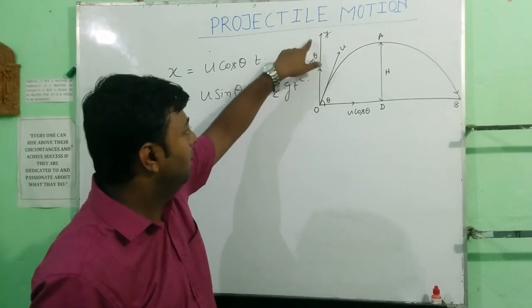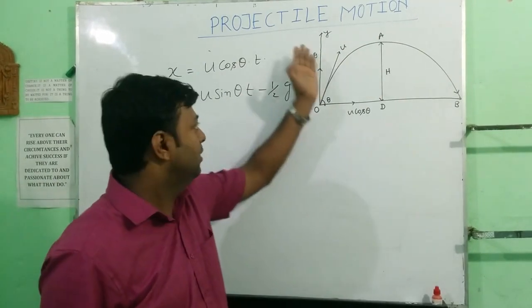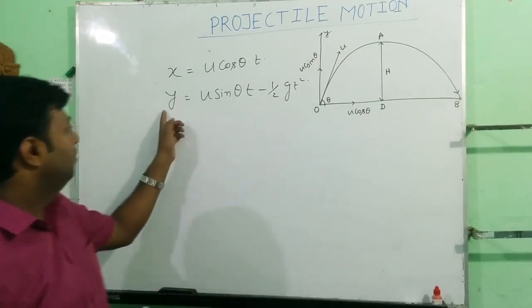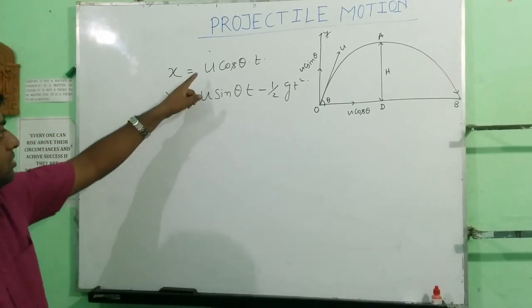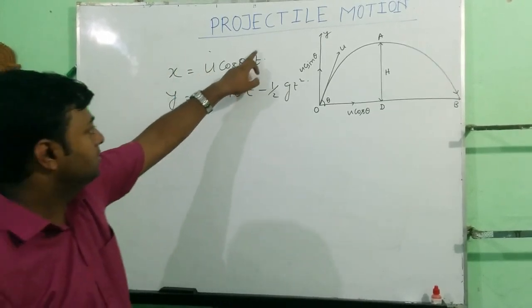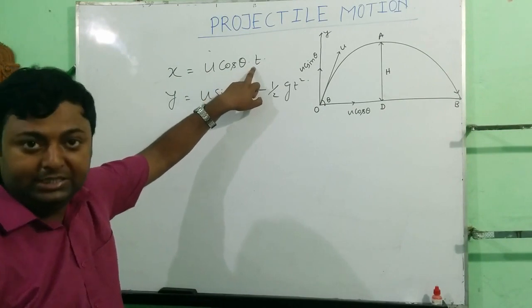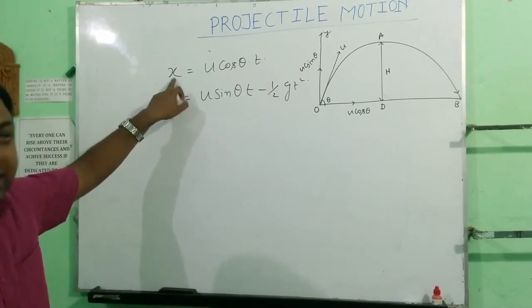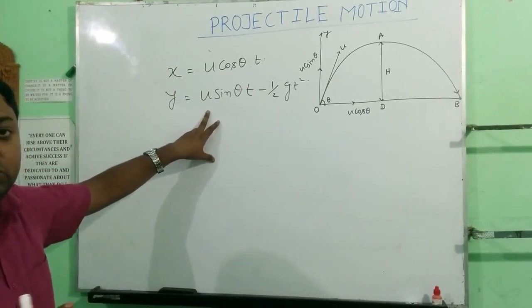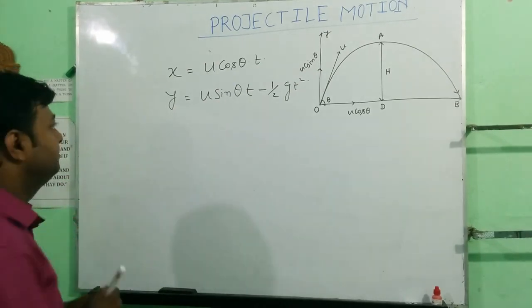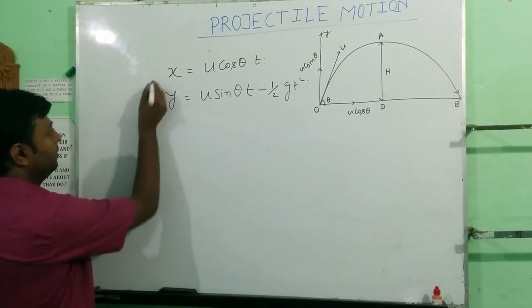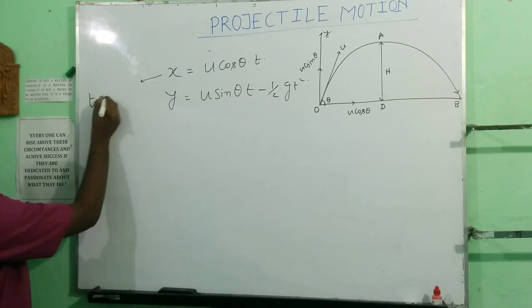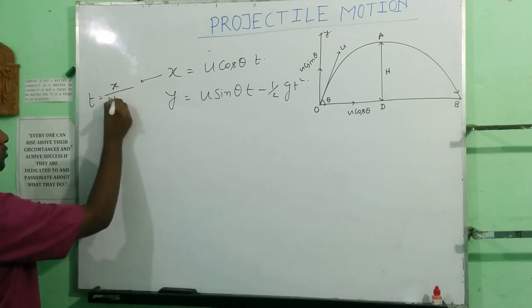This graph is along y and x. That's why the yx curve is the path equation. That's why we find out t, that is x by u cos theta, and put it in this equation. That's why we eliminate t. From this, t equals to x by u cos theta.